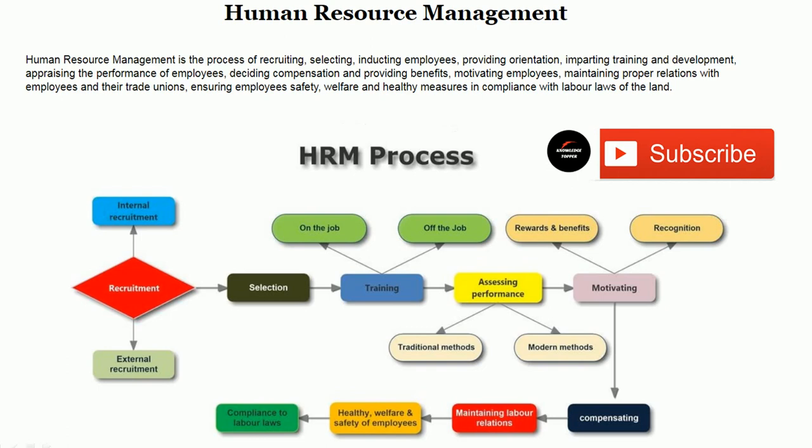Now I would like to make it further easier for you guys to understand this. I always told you that if you don't understand the meaning of anything, look deeply at the individual words. Human resource management has three different words, and if we separate them, human, from the perspective of the organization, refers to the skilled workforce in an organization.